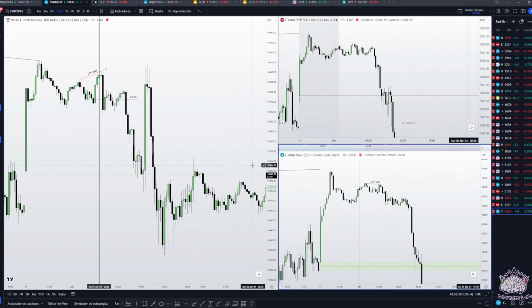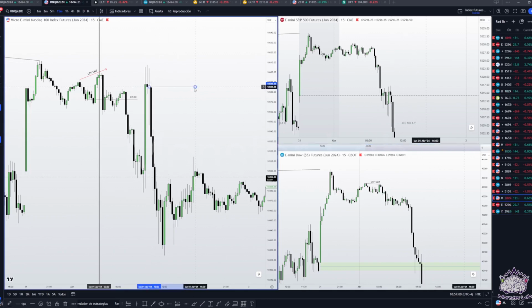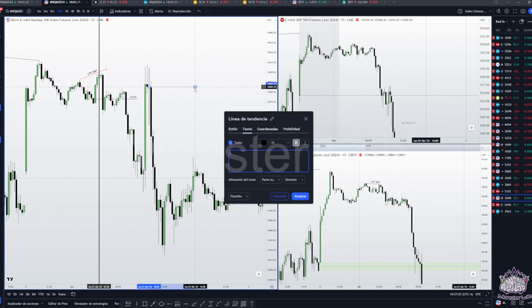This is the 2 AM. So in the 10 AM, it's the next candle. You can find another SMT here before the higher time frame SMT.